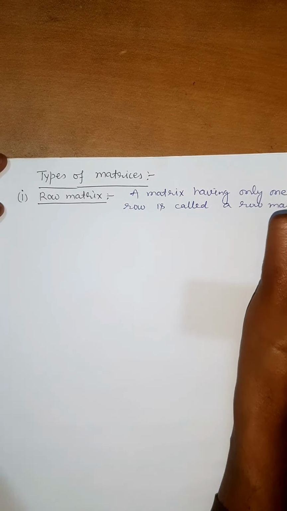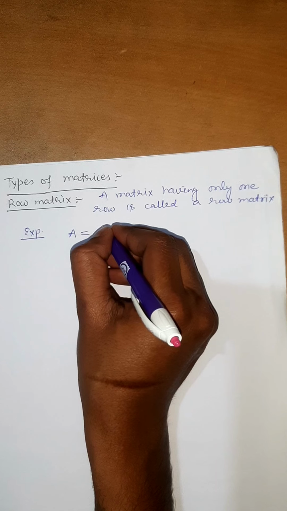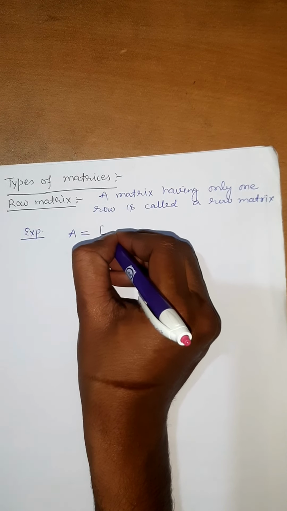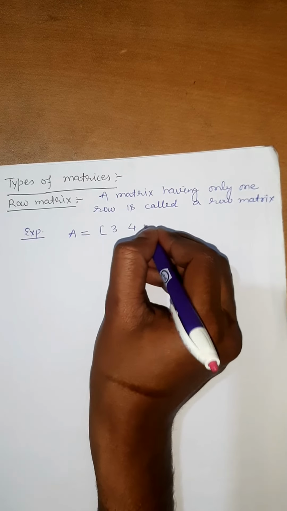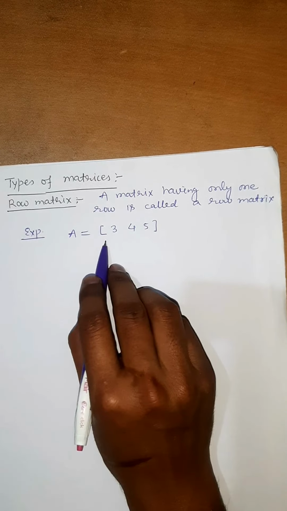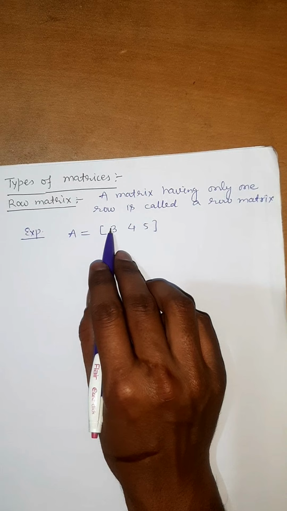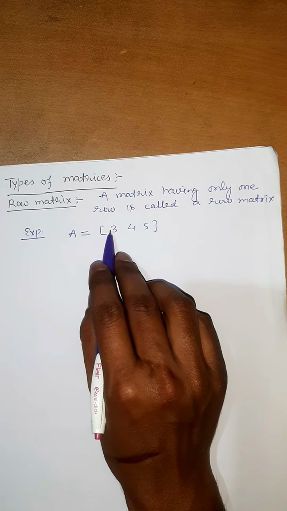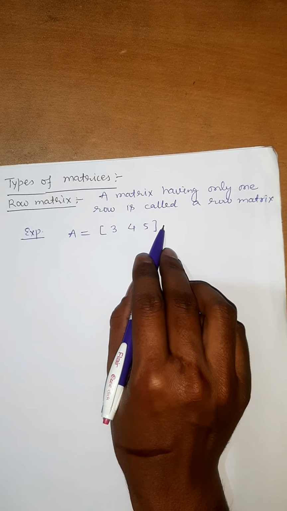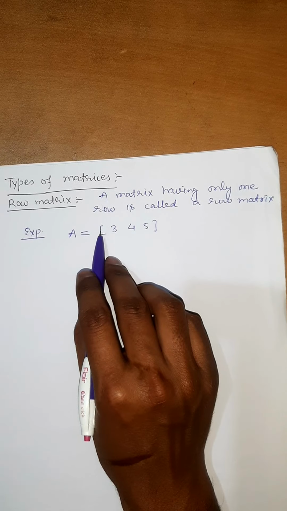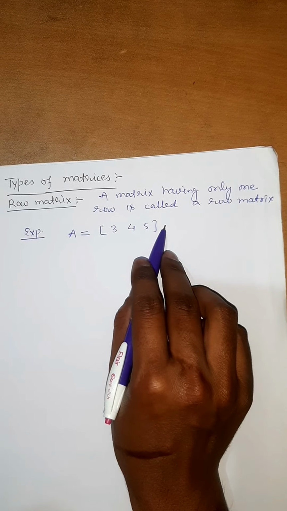For example, say A is a matrix and having only one row 3, 4, 5. So in this matrix, there are 3 columns and a single row.